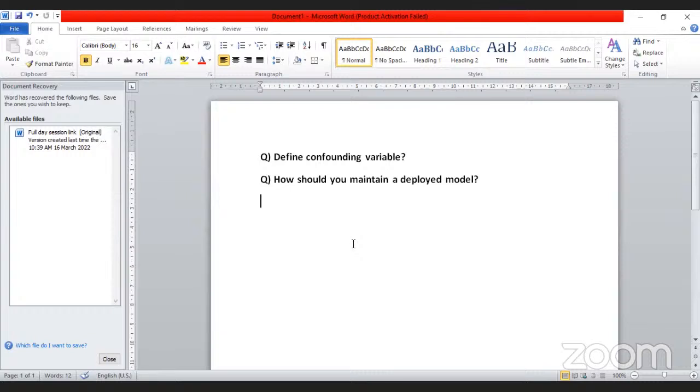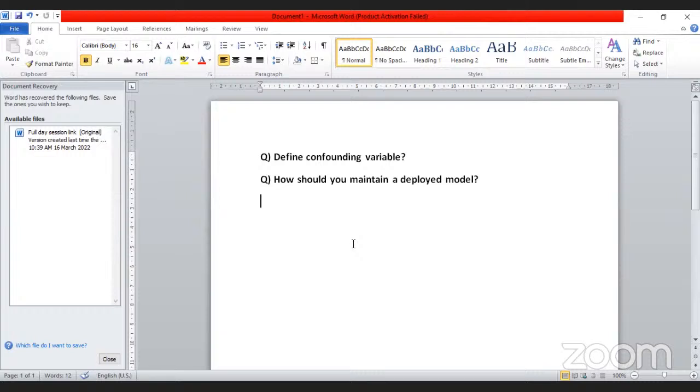The best performing model is rebuilt on the current state of our data. So how should you maintain a deployed model? Firstly, monitor the model and check its accuracy. Whenever changes happen in the input data, check whether there is any impact on our model's accuracy.